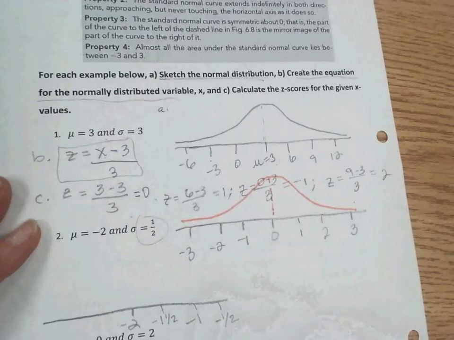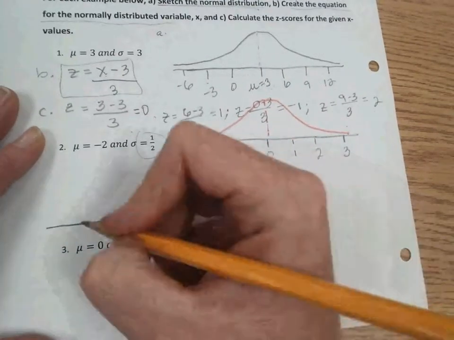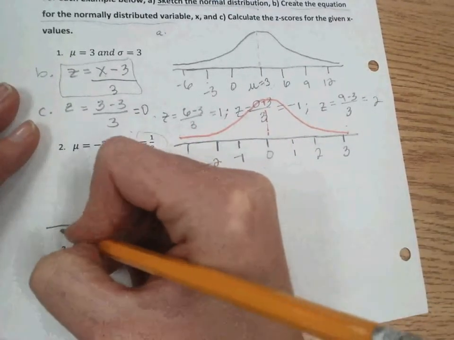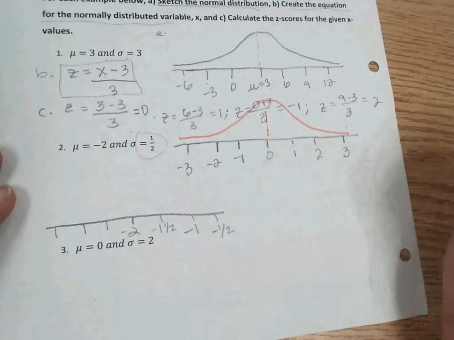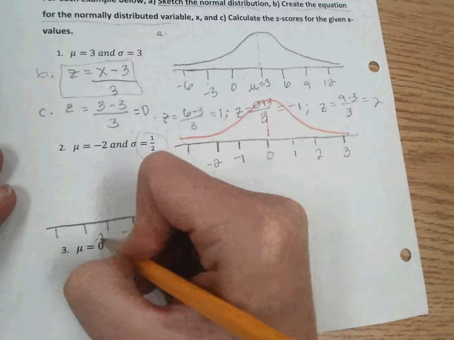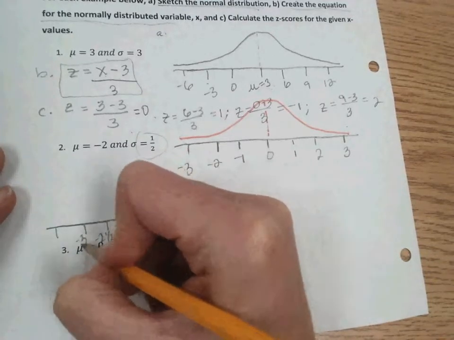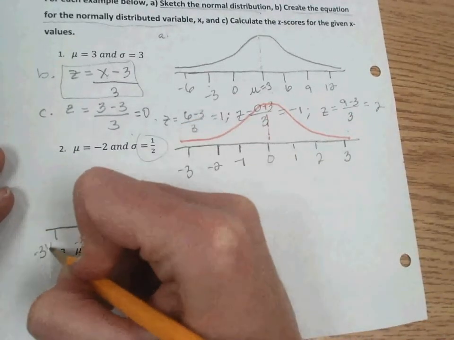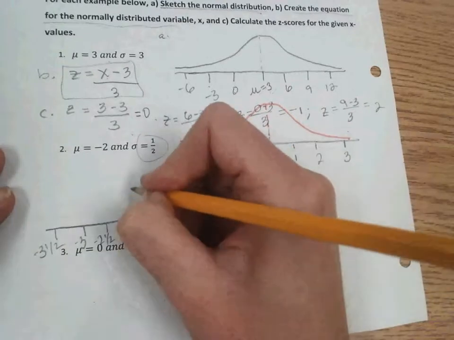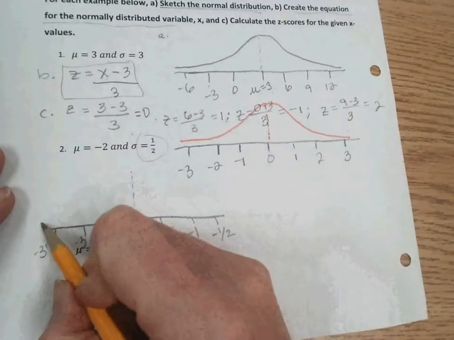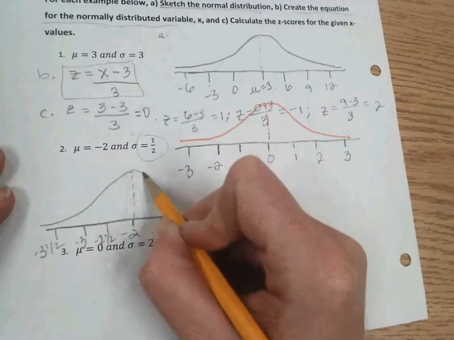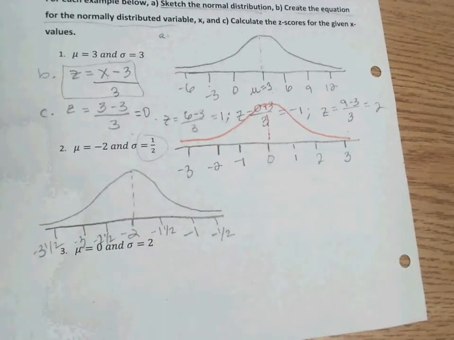Then what? Yeah. There it is. And then down, 3. So we'll land at -2.5, -3, and -3.5. Draw your dashed line, and then create your normal curve.